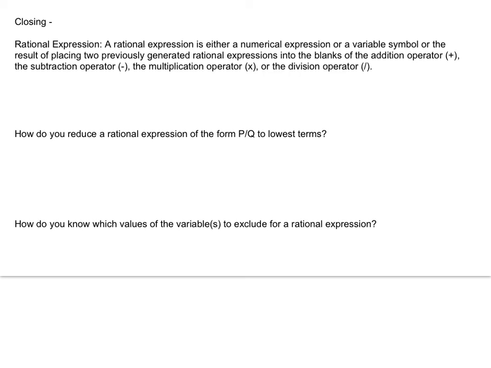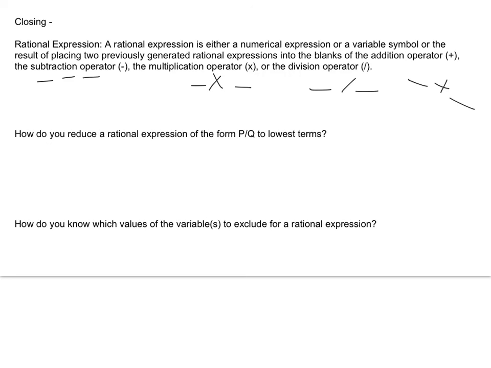A rational expression is either a numerical expression or a variable symbol, or the result of placing two previously generated rational expressions into the blanks of the addition operator. So if we had blank plus blank, the subtraction operator, like blank minus blank, sort of hard to read, the multiplication operator, or the division operator, right?